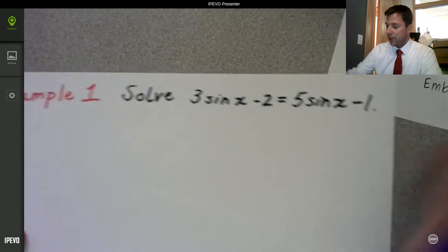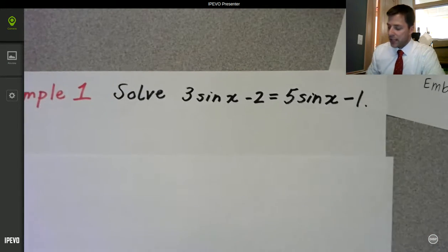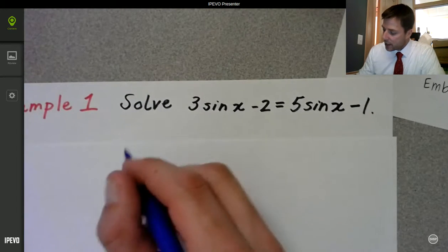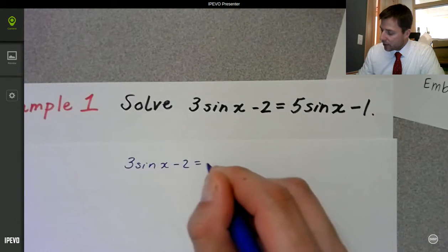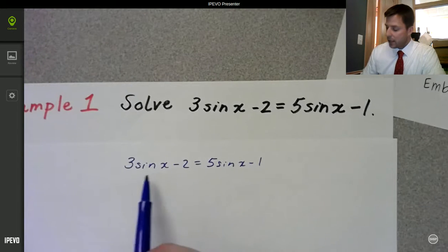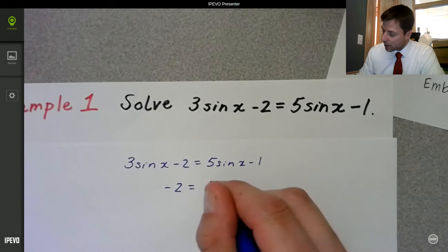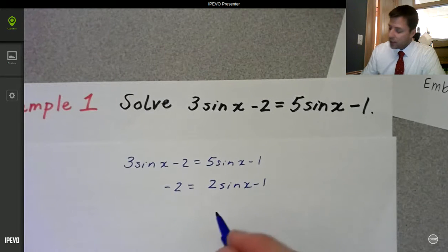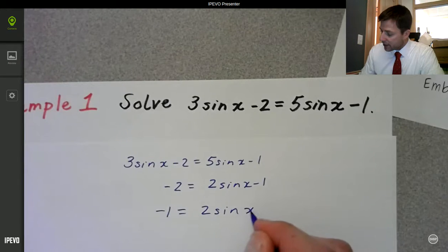We've got: solve 3 sine of x minus 2 equals 5 sine of x minus 1. Notice how I have x's here, so that's usually what they want in radians. I can subtract 3 sine of x from both sides, so I get negative 2 equals 2 sine of x minus 1. Add 1 to both sides, I get negative 1 equals 2 sine of x.